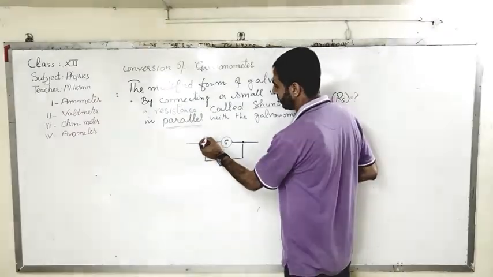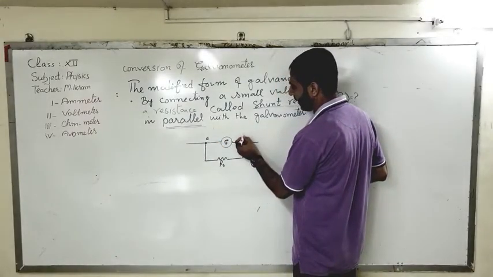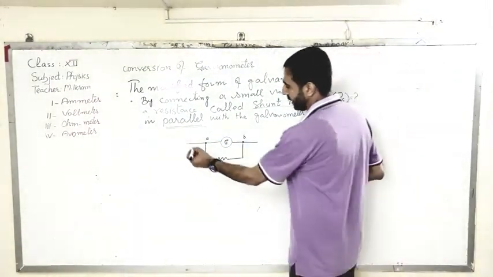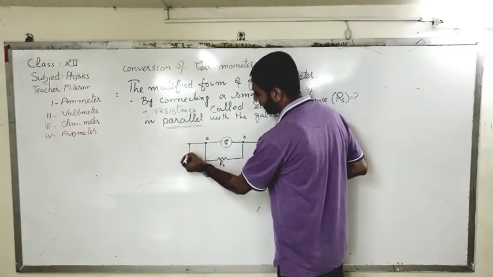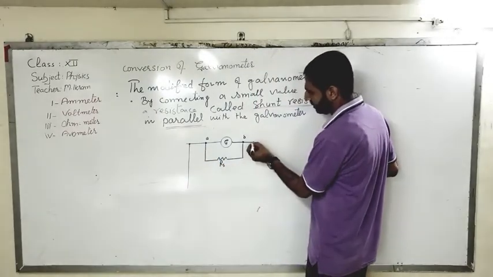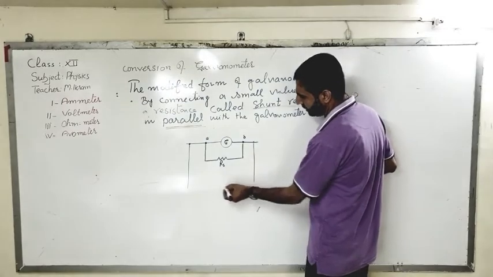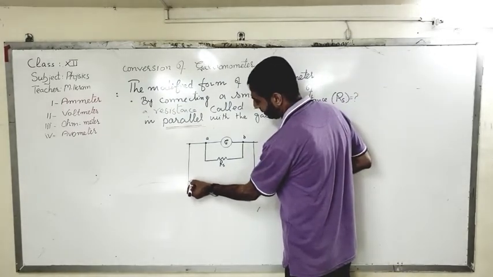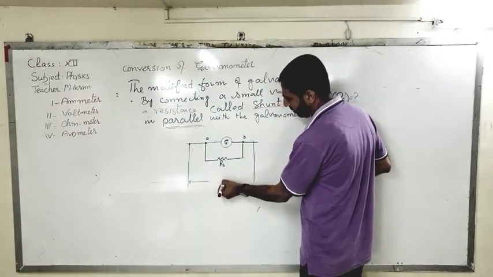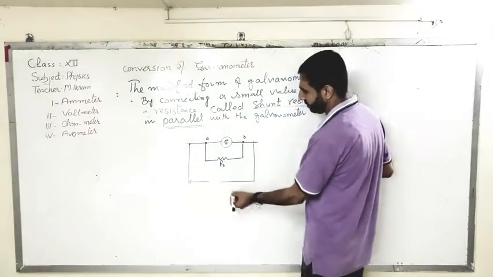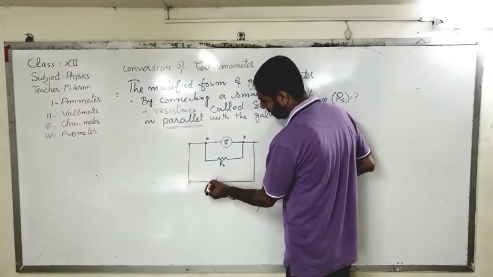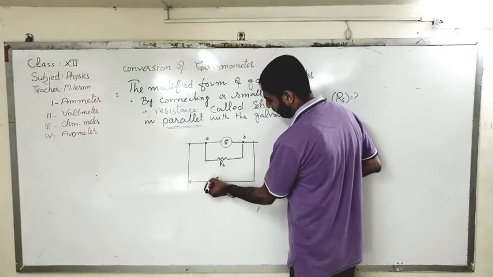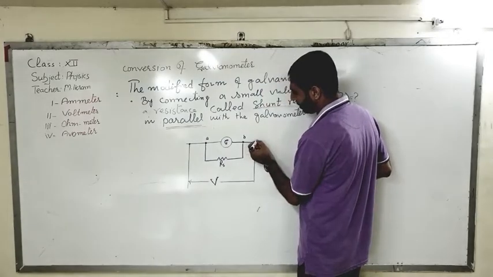Let this be at the point A and at the point B. And then we supply a potential difference, it is connected within the circuit with some EMF source V, potential difference source, right?